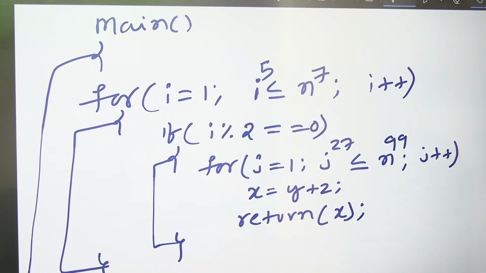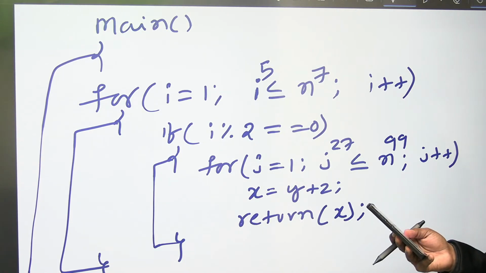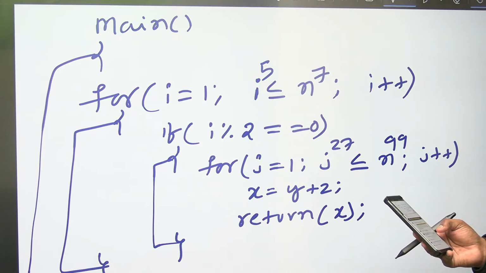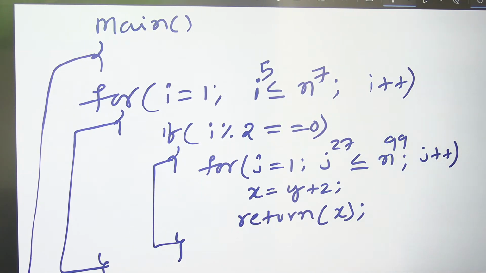For i equals 1, i power 5 less than or equal to n power 7, i plus plus. If i modulo 2 is equal to 0, then for j equals 1, j power 27 less than or equal to n power 99, j plus plus, x is equal to y plus z, return x. Check properly.